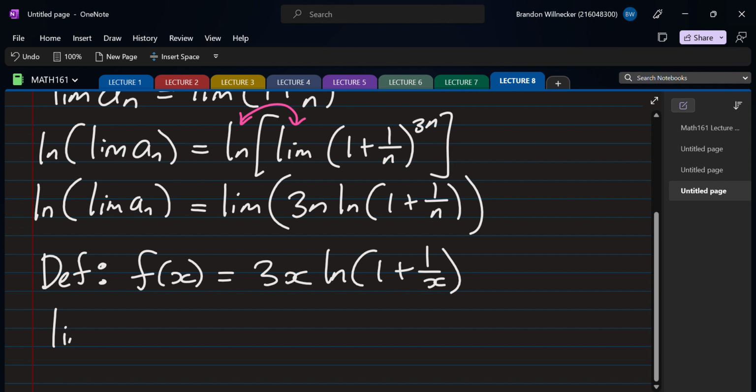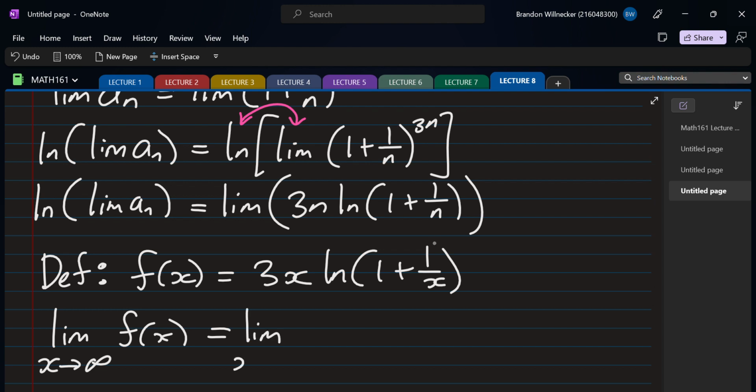So we're going to take the limit as x goes to infinity of f of x, and this would have the same limit as if we took n going to infinity, where that's the natural number. Okay, so that's the limit as x goes to infinity, 3x, natural log of 1 plus 1 over x.